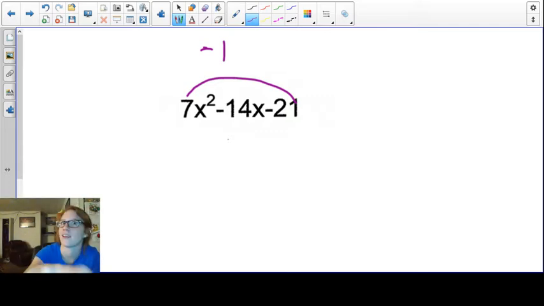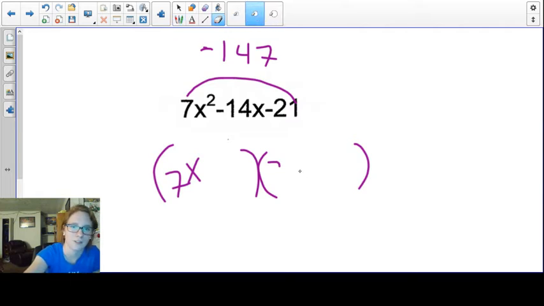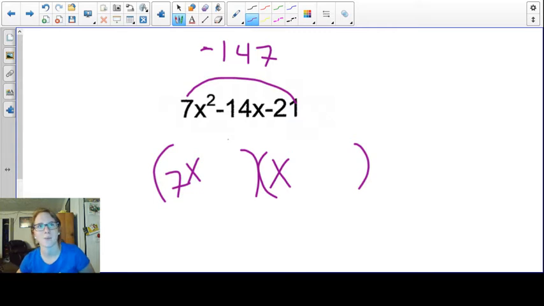Negative, because I have that negative 21. Okay. Got my windows. Got my 7x and x, because logically the only thing that can multiply to 7x squared is 7 times x.